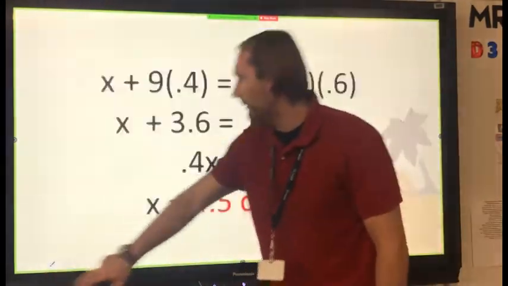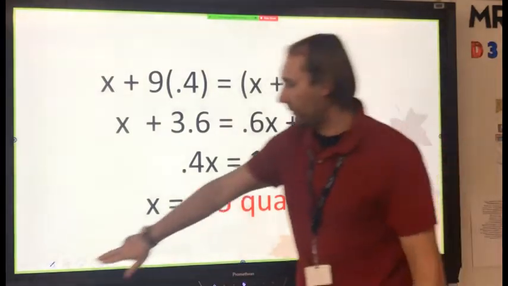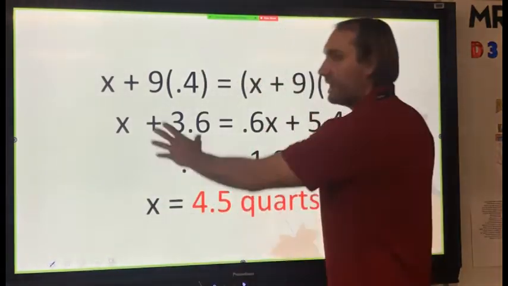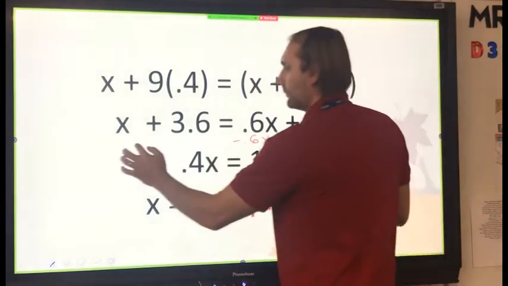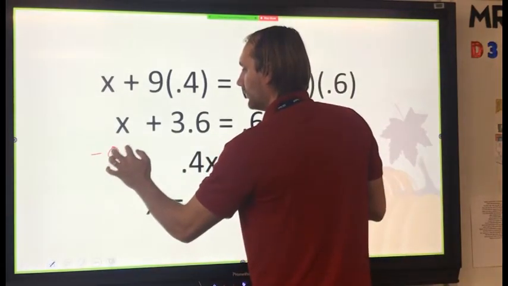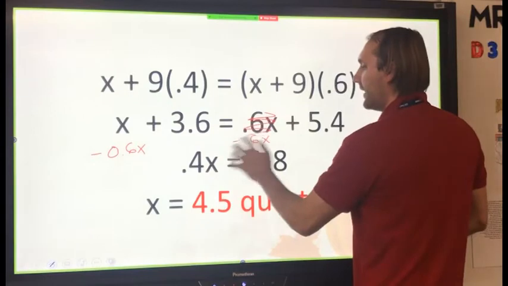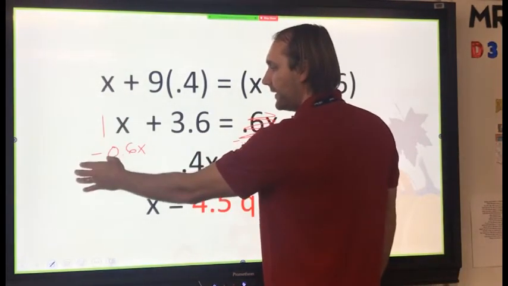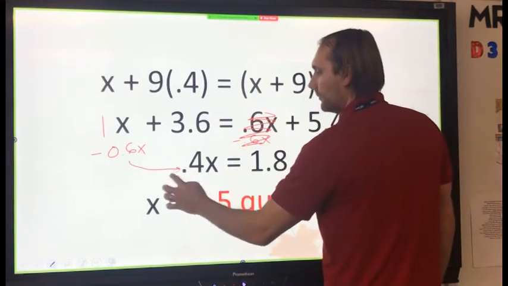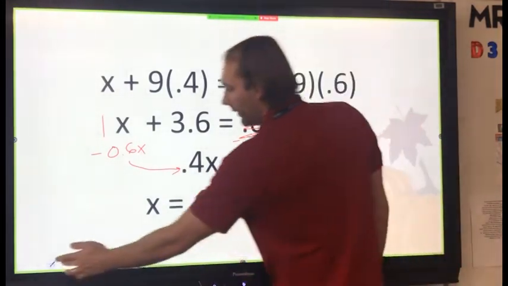Actually, I'll go over here. This is bigger. I want to get x by itself, so let me move this x over. That'll take care of the x on this side. And now I need to subtract. What is 1 minus 0.6? 0.4x.